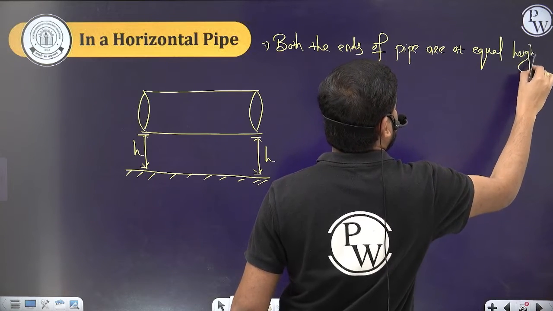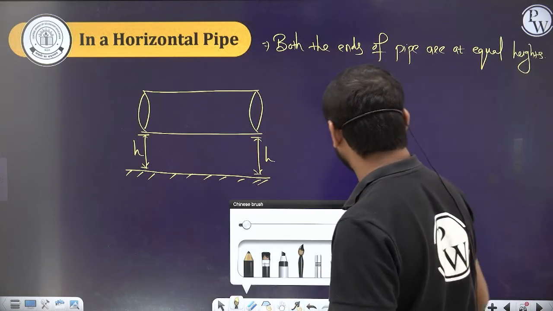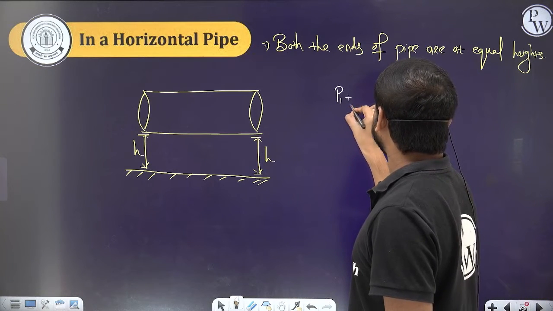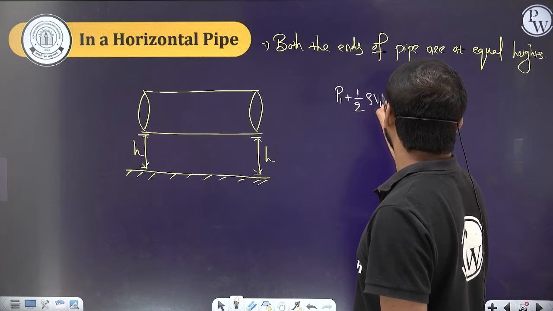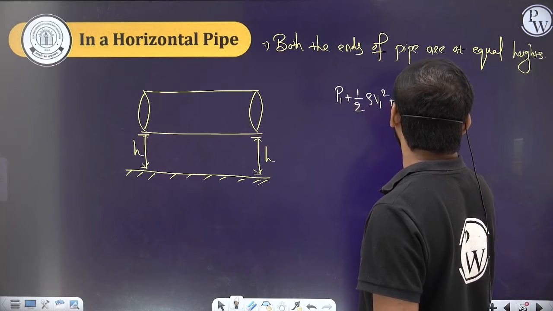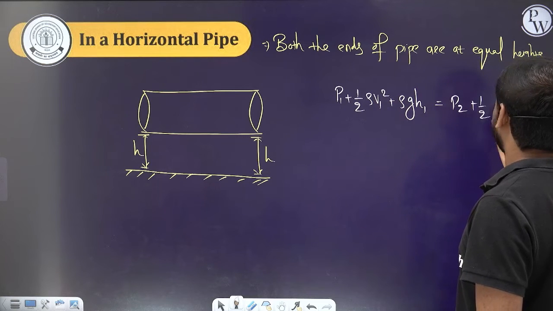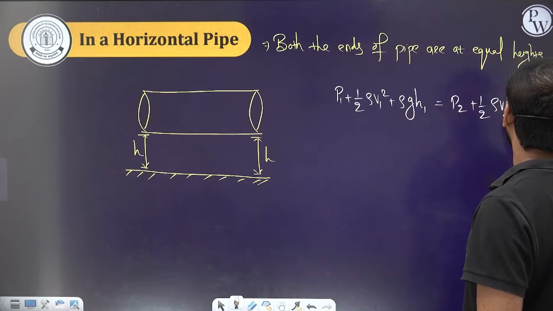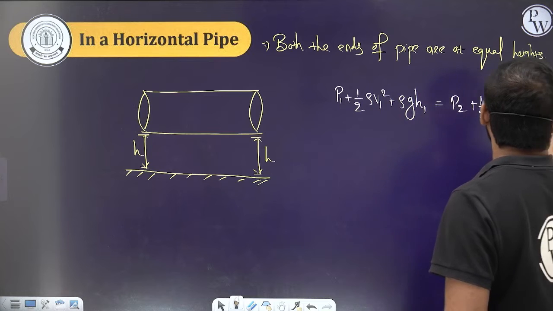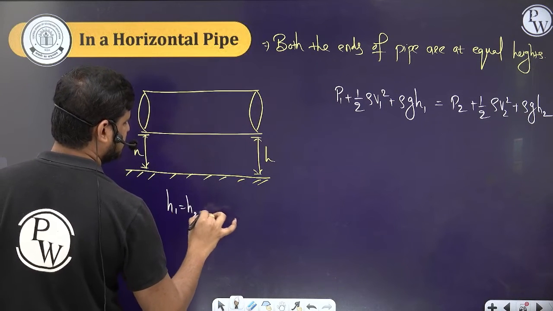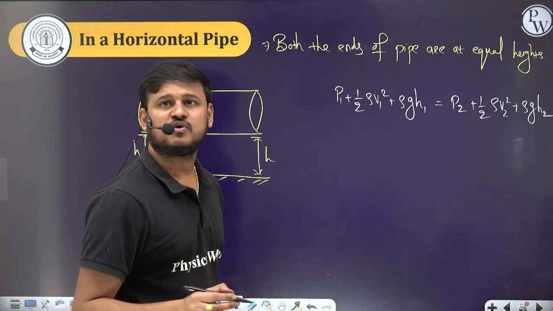So what's the actual formula? We know that P1 plus half rho V1 square plus rho g h1 is equal to P2 plus half rho V2 square plus rho g h2. Here h1 equals h2 equals h, so that part gets cancelled.